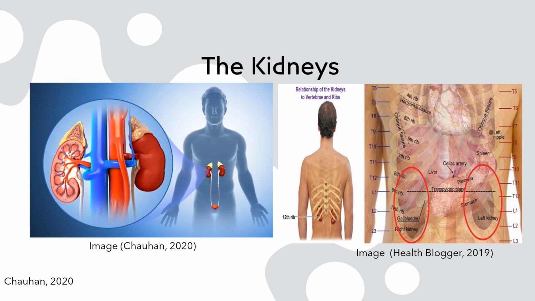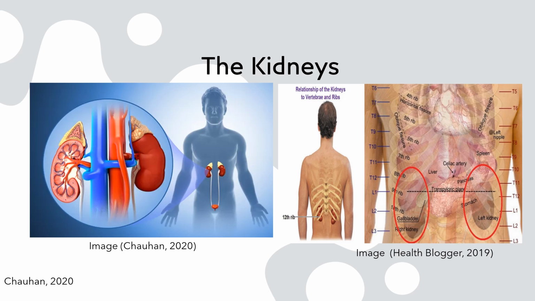Here, the picture on the left in blue shows a pair of kidneys. One kidney is cut open so you can see the inside structures, and the other one is left whole. The picture to the right shows you where the kidneys are located in respect to the other organs. As I said earlier, they lie behind, posterior to, the rest of these organs.